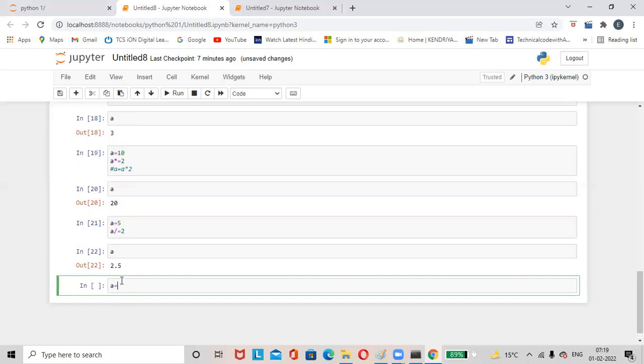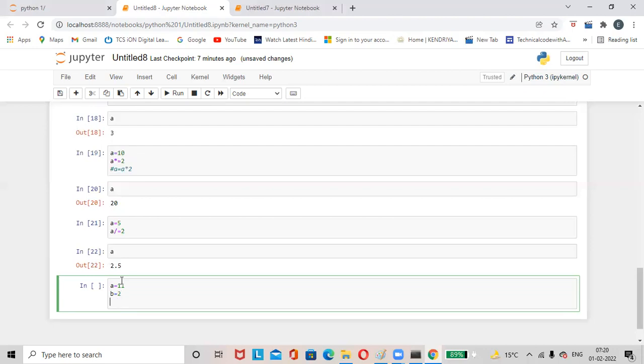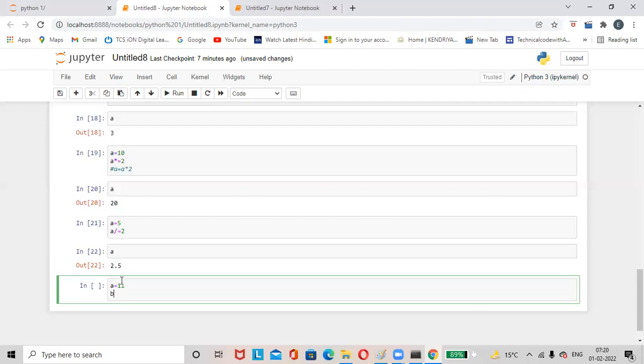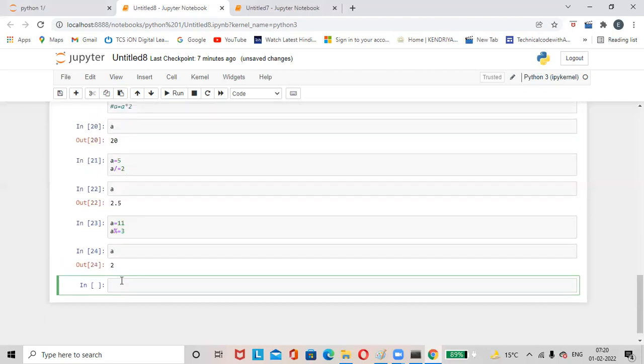A equals 11. A modulus equals 3. Print the value of A. So here A value is 2. 3 3s are 9.